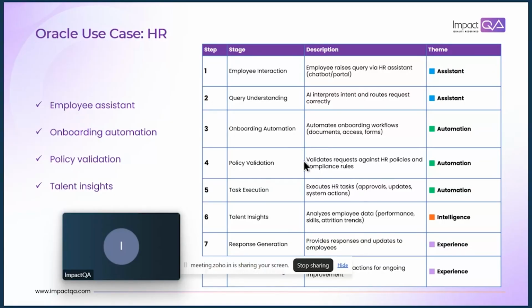And when it comes to analyzing employee data with respect to performance and skills, you may want to create a skill matrix. You want to know how many resources have automation experience, agentic AI experience, or Gen AI experience, and who has created AI agents. For that kind of talent insight, you can employ agentic AI, and it can automate the entire workflow.